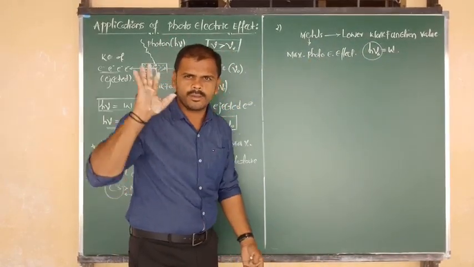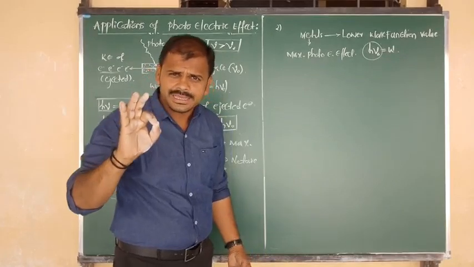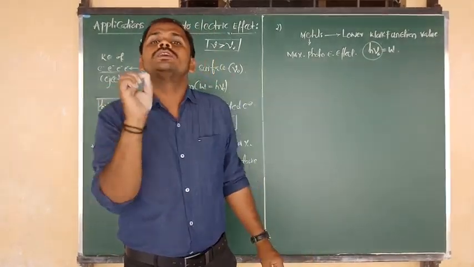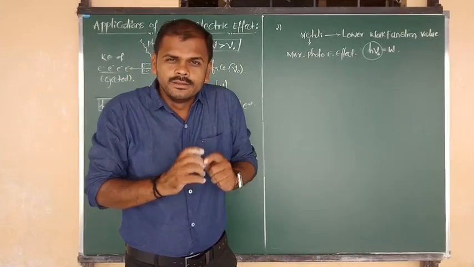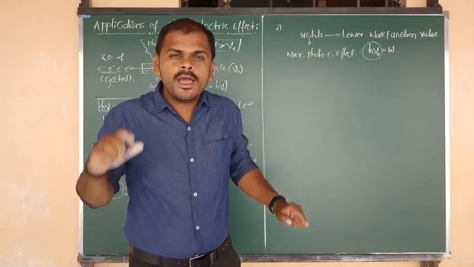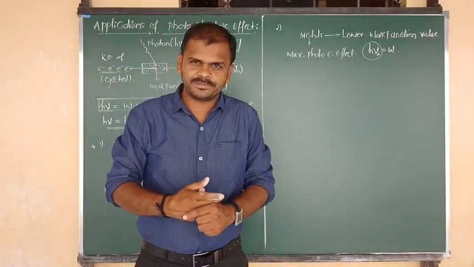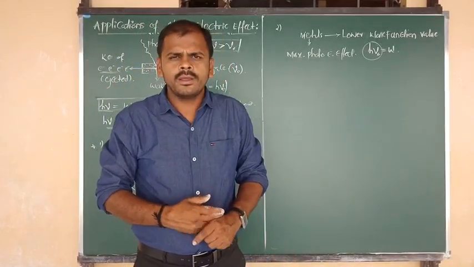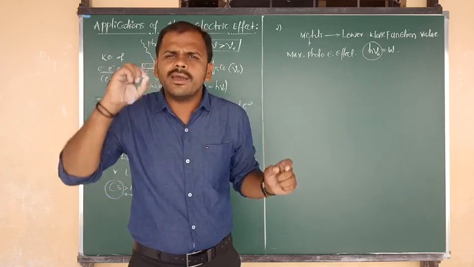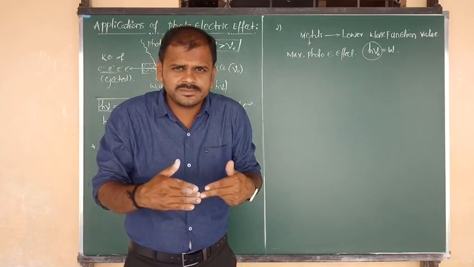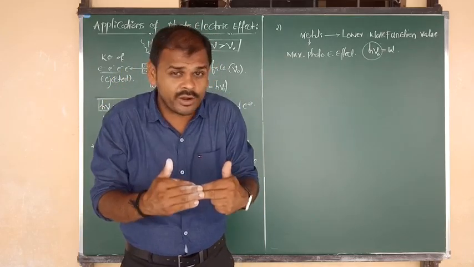Okay, now the condition is that metals having a very low work function or threshold energy value will readily show the photoelectric effect. But listen carefully. In nature, all metals do not have the same type of attractive forces or bonding forces.